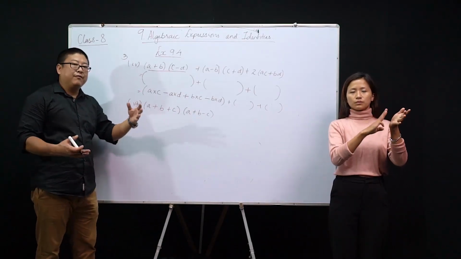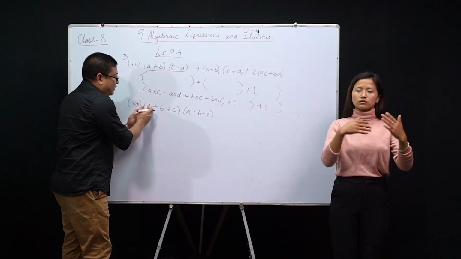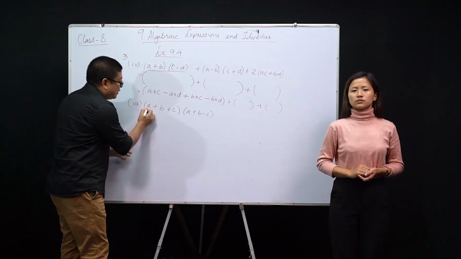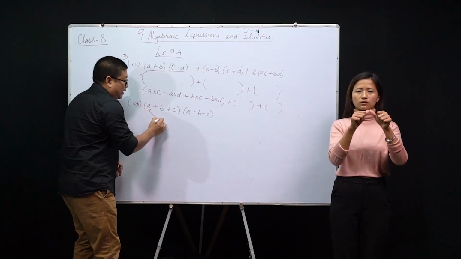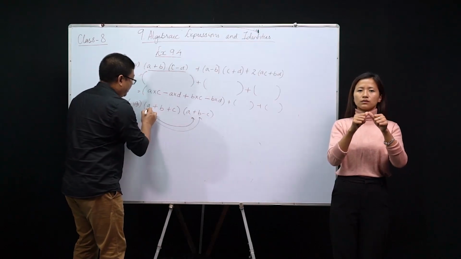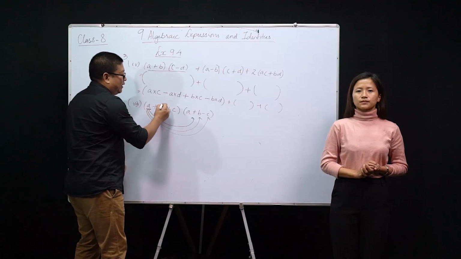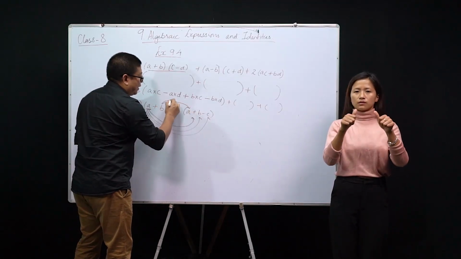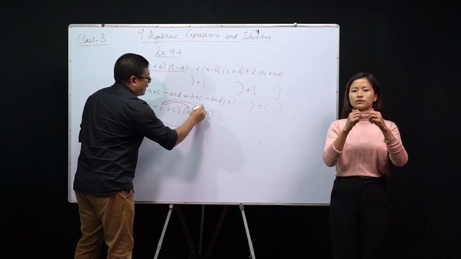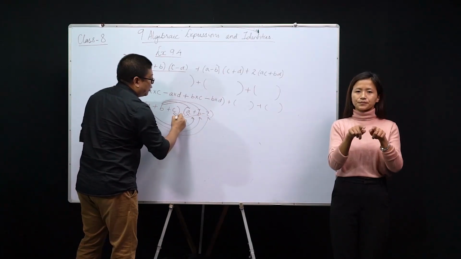Do not be confused, it's all the same thing again. Now you take the first term of the first trinomial, this term A, multiply with A, B and C, alright? For B, you multiply with A, B and C. Similarly for C also, alright? This is how you're going to multiply them.